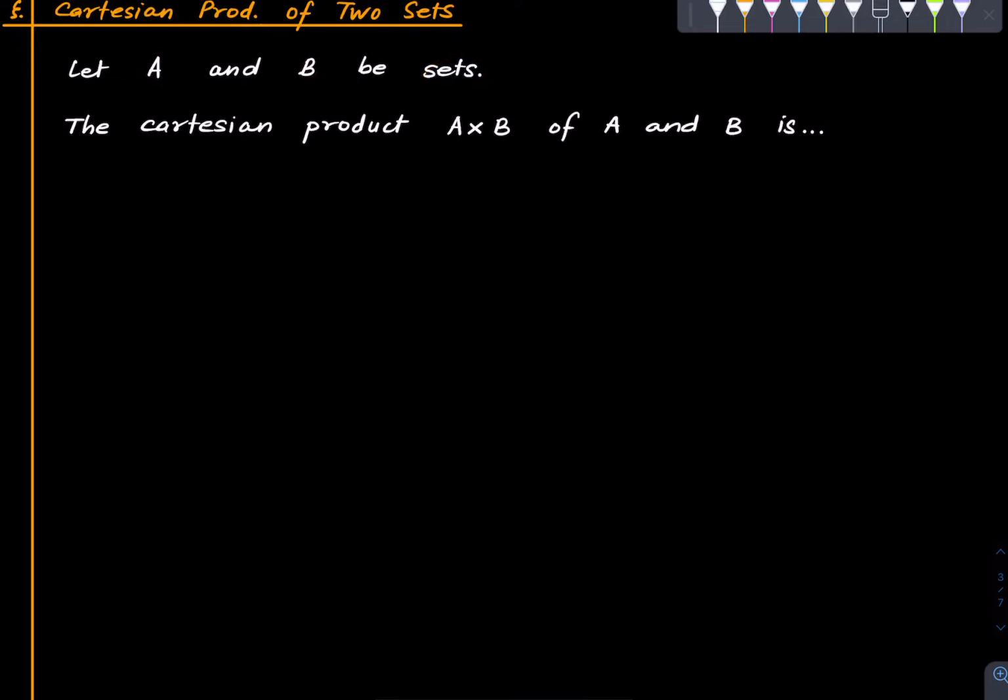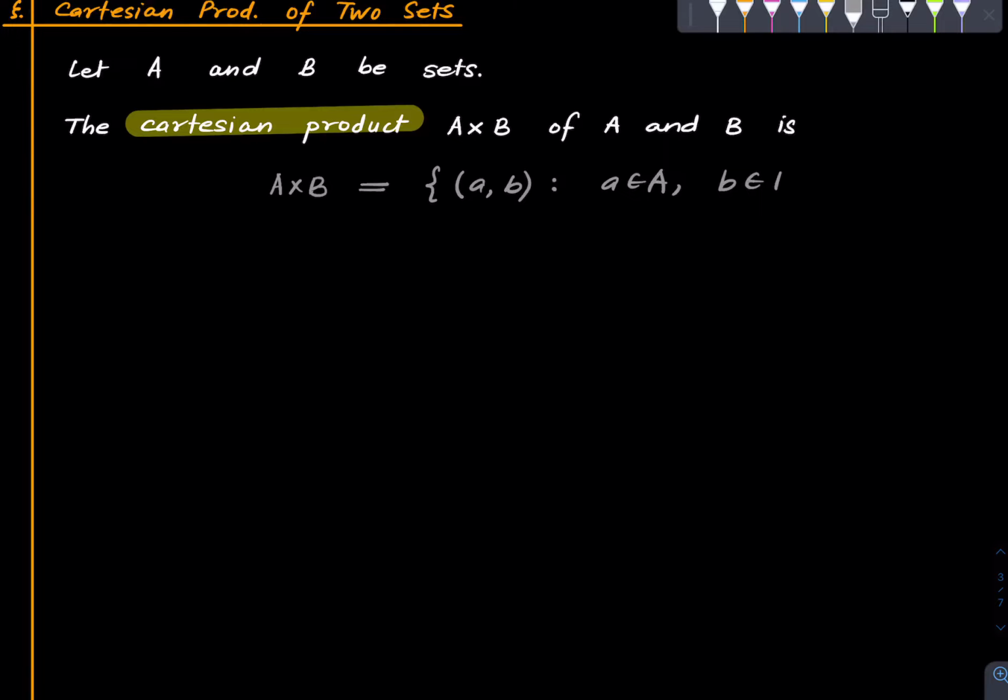The Cartesian product of A and B, written in this fashion, this is the notation for it, is defined as the set of all pairs (a, b), where a comes from capital A and b comes from capital B. So all pairs that you can form, where the first entry comes from what we write first and the second entry comes from what we write second. And all such possibilities you collect in a set, and that is the Cartesian product.